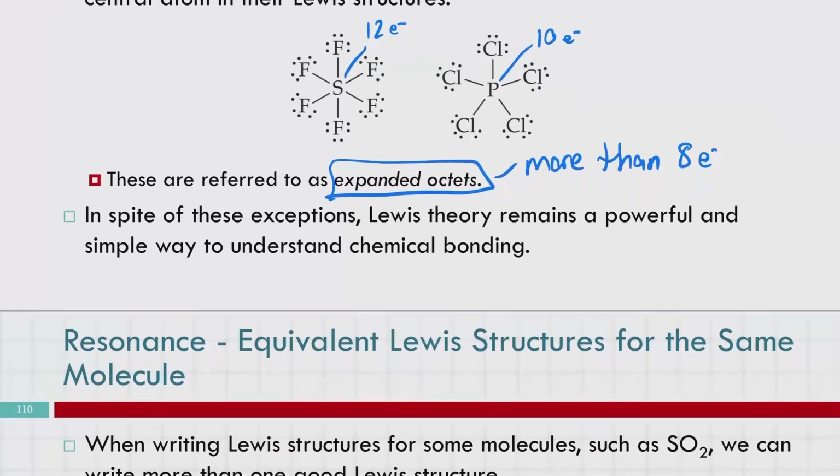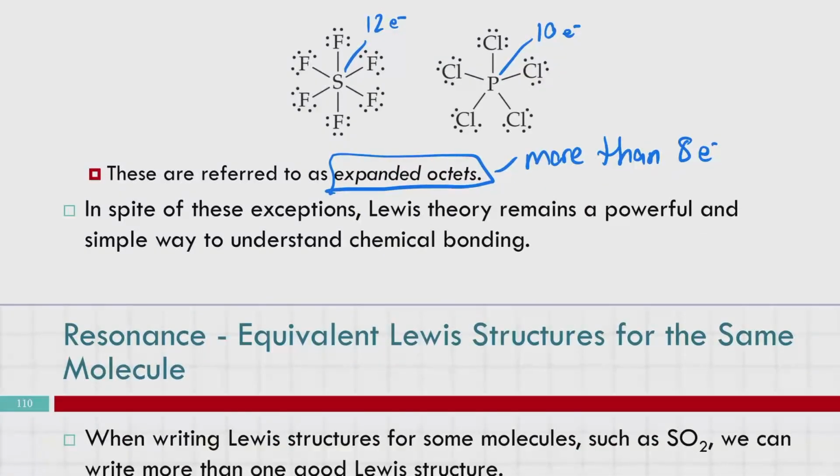It's beyond the scope of the class. Any questions before we jump into resonance? So again, boron and aluminum are happy with only 6. We can have expanded octets, but those will only be in a situation where it's described to you as an expanded octet situation.